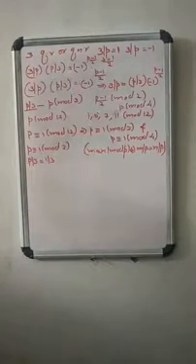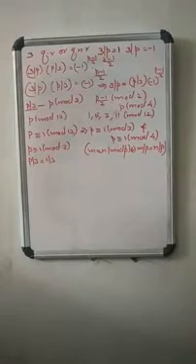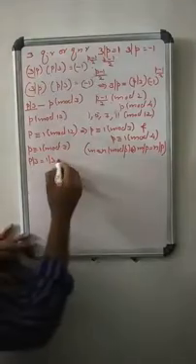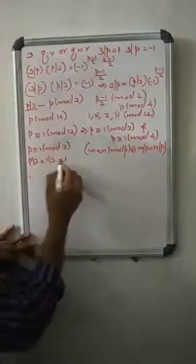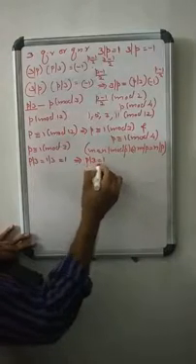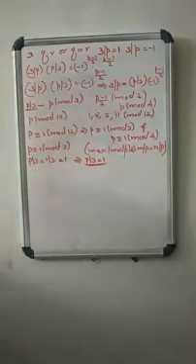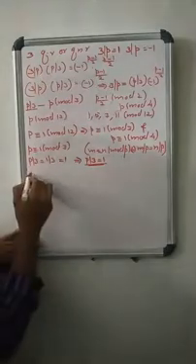Clear? Okay. (1/3) is 1, so (P/3) equals 1. That implies (P/3) equals 1. Enough? Okay.